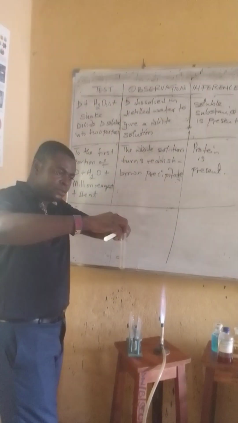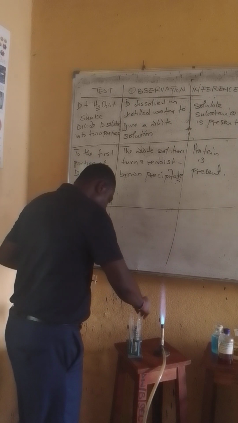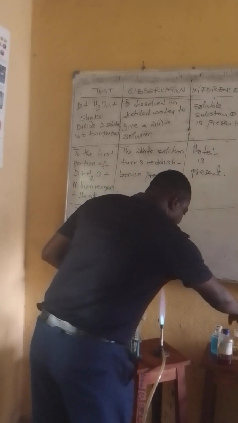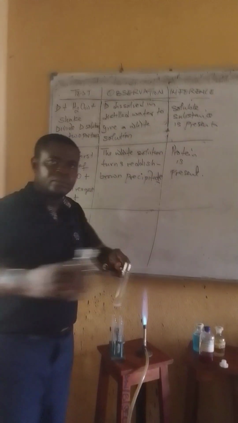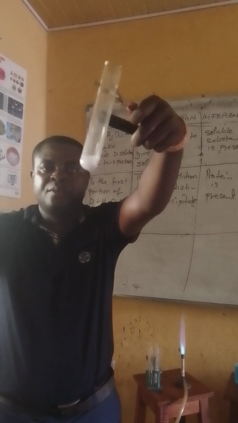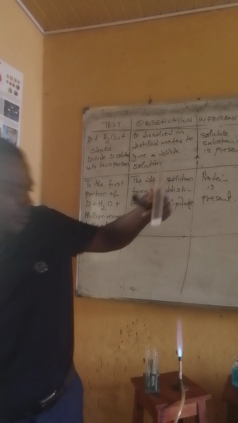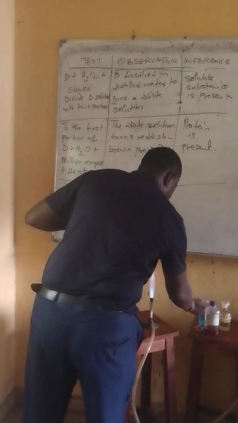This is one solution. You can see what I'm doing here. I first of all add sodium hydroxide solution. It still remains whitish. Then followed by copper sulfate solution.